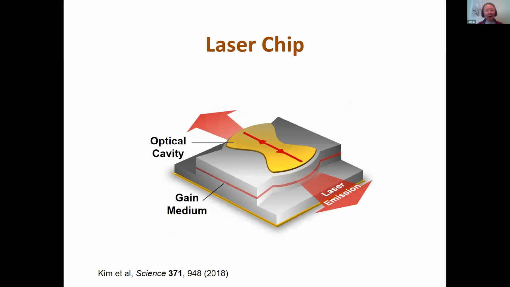Now let's see what happens with a laser. Here for a laser, we have a gain medium that you can think of like a string that can generate light. And then we also have a cavity. Here it shows a shape like an hourglass. This cavity tries to resonate with the light generated by the gain medium.